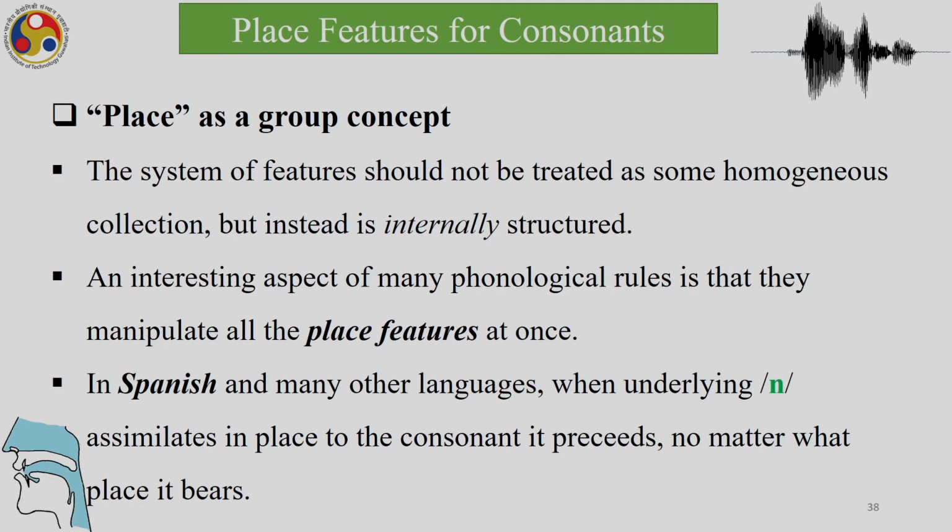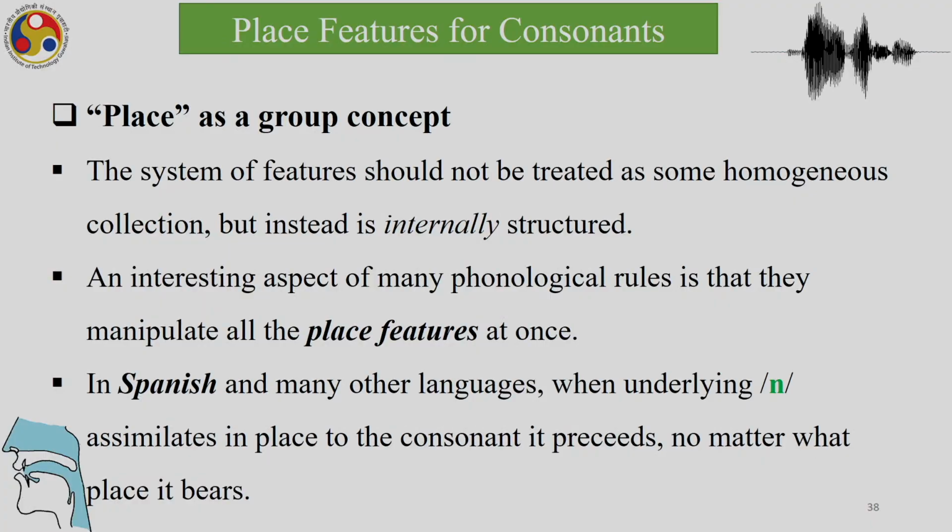So place, as a group concept: the system of features should not be treated as some homogeneous collection, but as something which has some internal structure to it. An interesting aspect of many phonological rules is that they manipulate all the place features at once.